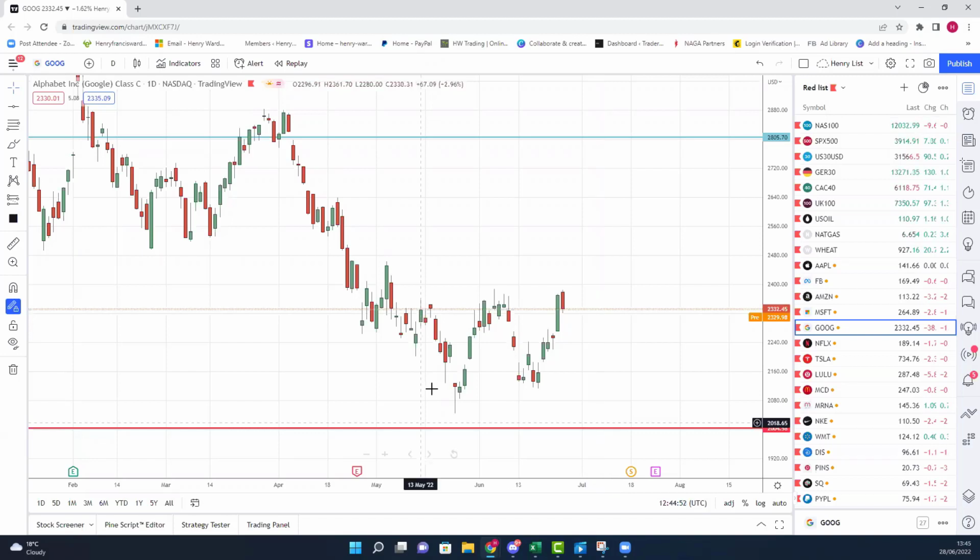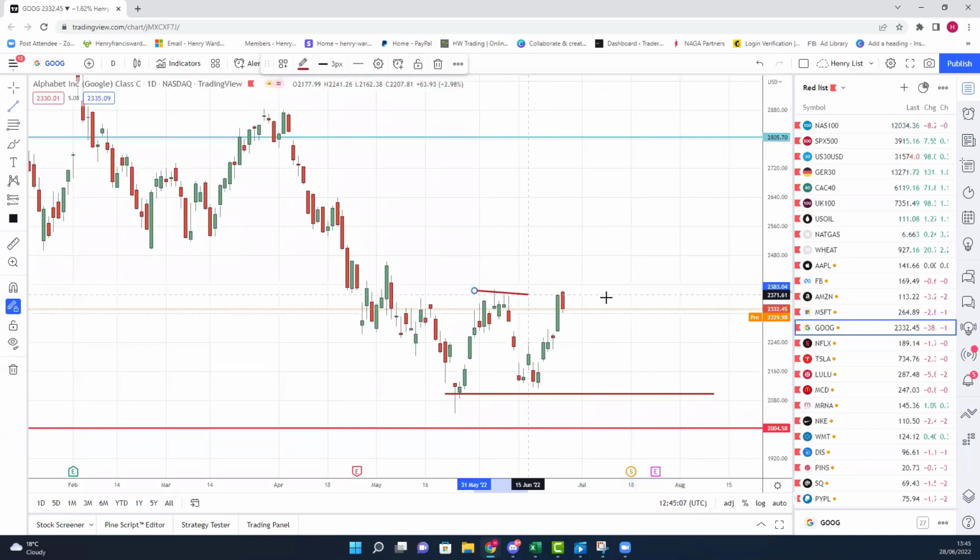Now, if it came back down into sort of this double bottom here, if it came back into this area, is there a cheeky little buy there? Yes. But then it comes into question, are you looking to hold on to that stock long term, or are you looking to get out if it hits this area here?